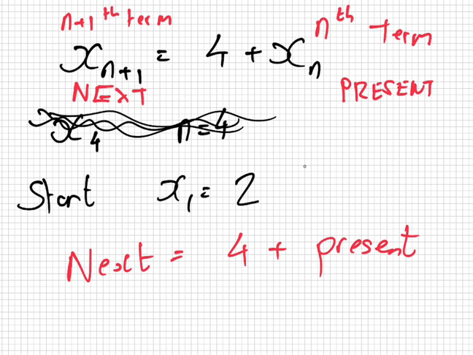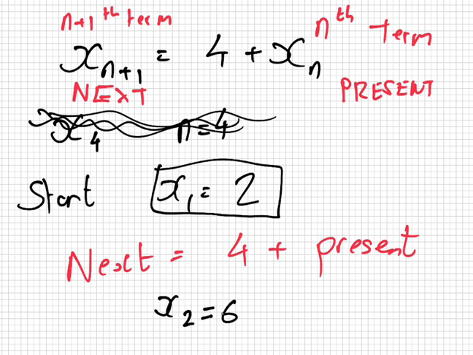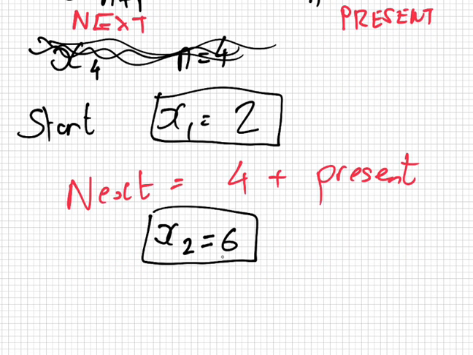So if I start with x1 equals 2, what is the next term? 2 plus 4, yeah, so 6. And then what would be next? 10, yeah, because the next term is 4 plus whatever term you're at the moment.